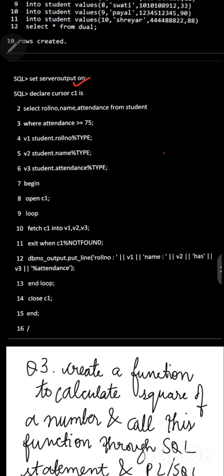I'm declaring a cursor with the name C1. And then I'm writing is. Is means I'm defining what this cursor will include. So it will give select roll number, name, attendance from table name student where attendance is greater than or equal to 75. So this is the select statement of the cursor.